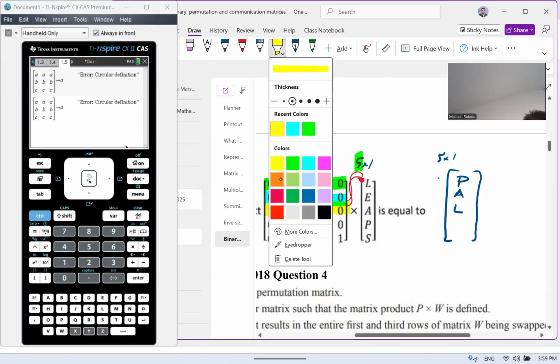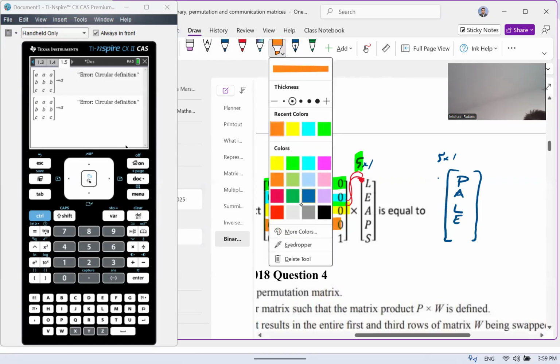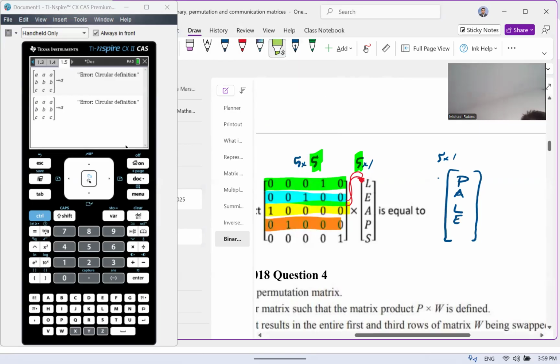Row 4, column 1, the 1 would go on top of the E. And last but not least, row 5, we drove it all in, the 1 would go on top of the S.